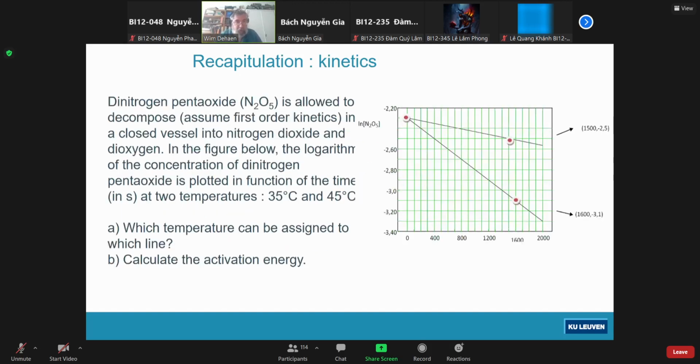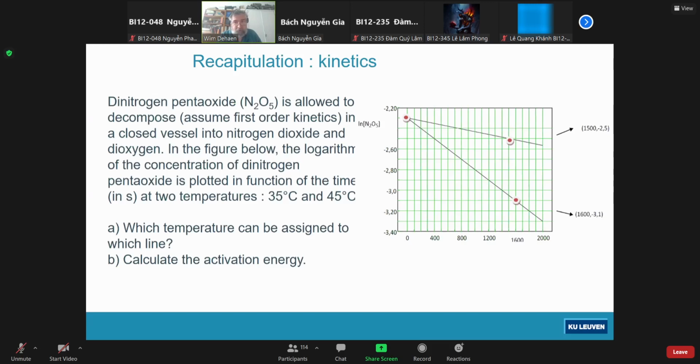So here we have an exercise about dinitrogen pentoxide. It's allowed to decompose. We again assume first order kinetics. It's in a closed vessel. We get NO2, nitrogen dioxide. We get dioxygen, O2. And we have the plot here in the graph.